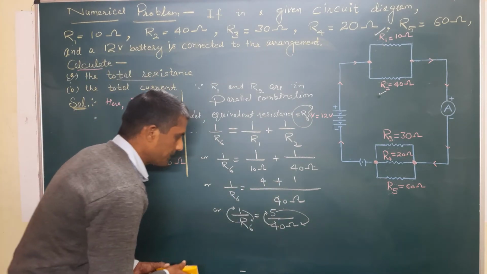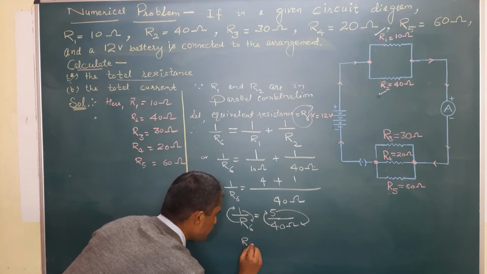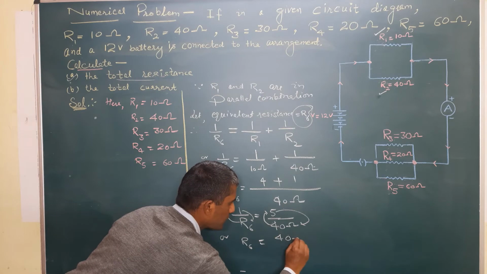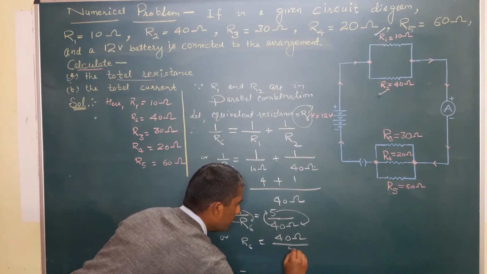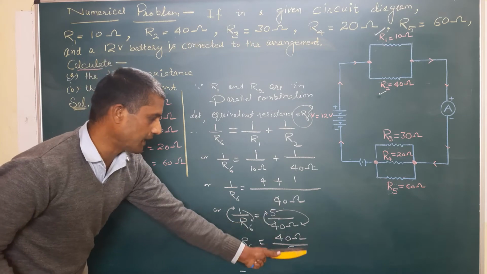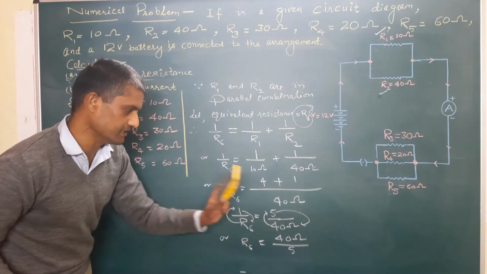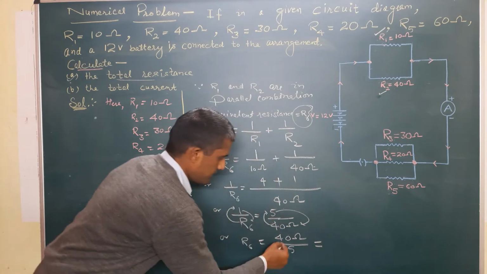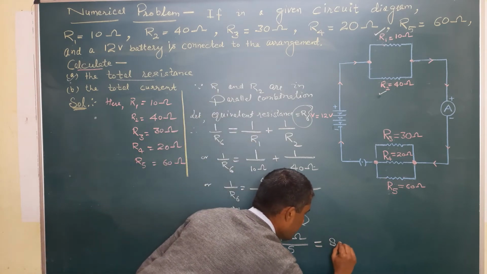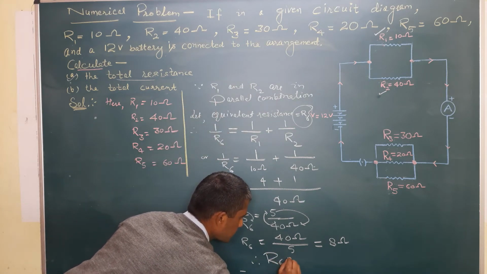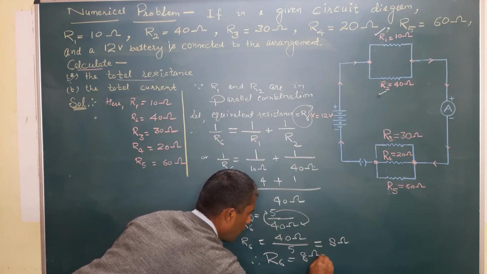So what's going to happen? R6 is equal to 40 ohm upon 5, which is 8 ohm. So therefore R6 is equal to 8 ohm.